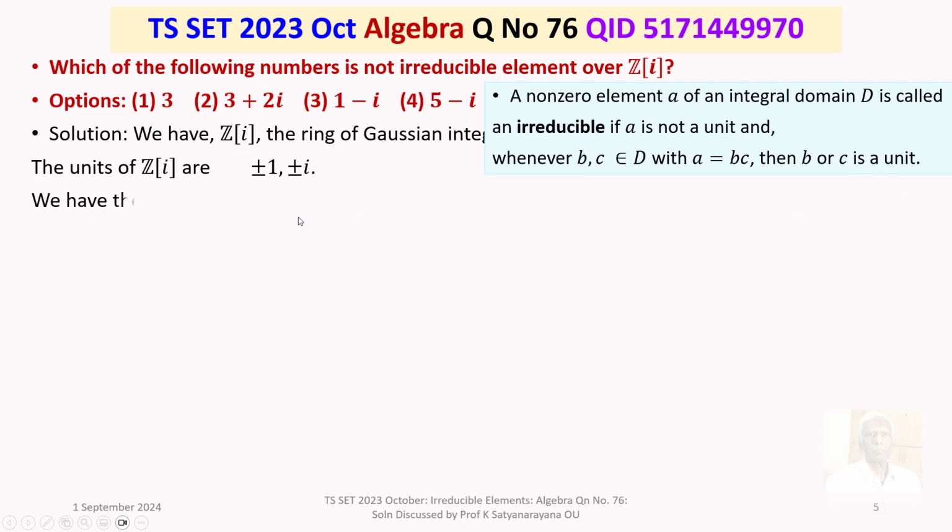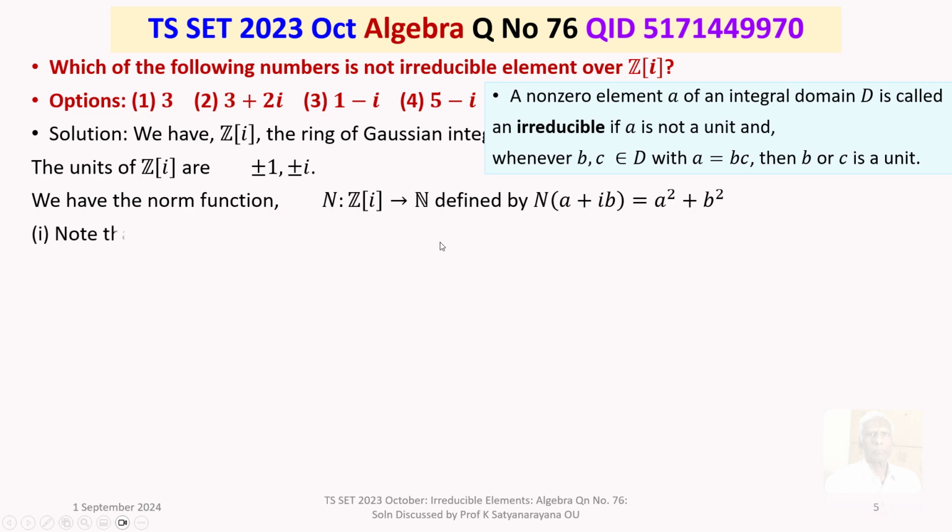So we have the norm function N from Z[i] to the set of natural numbers, that is positive integers, defined by the norm of a plus ib is equal to a square plus b square.